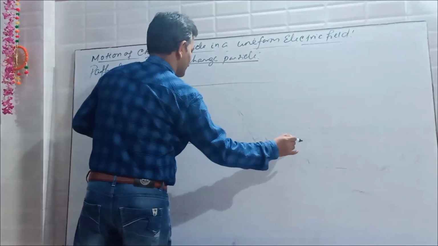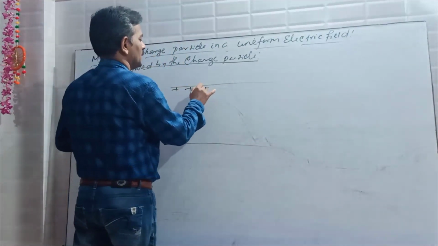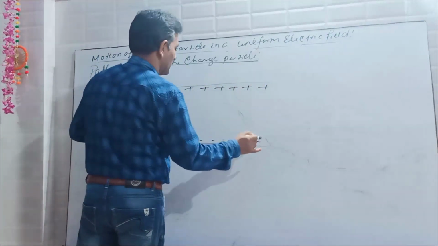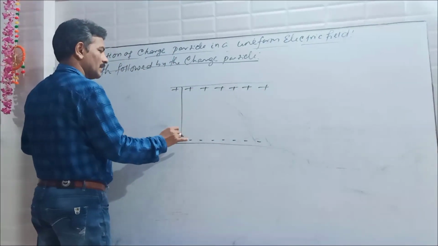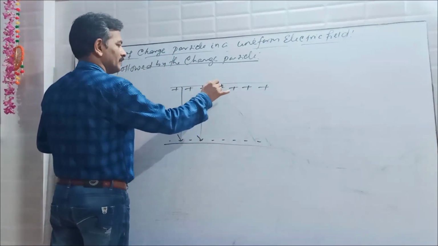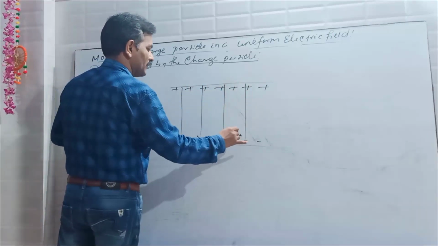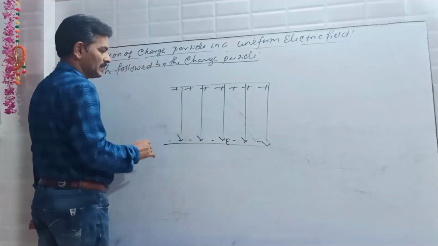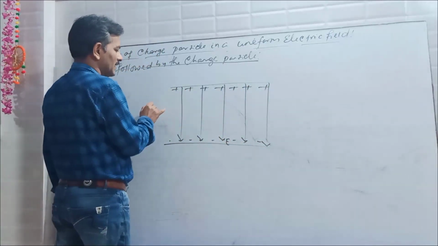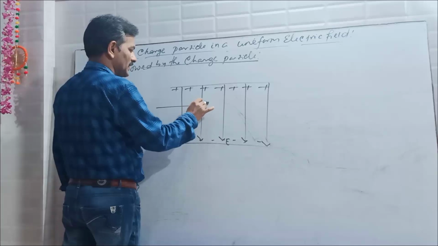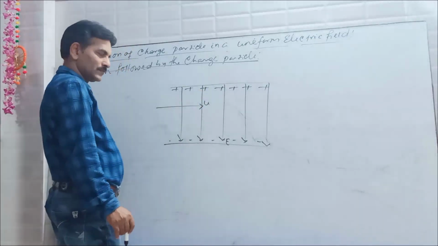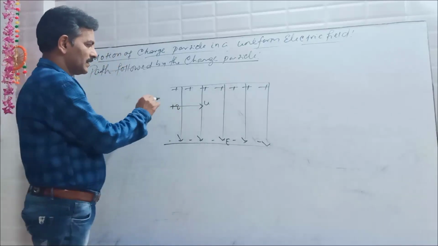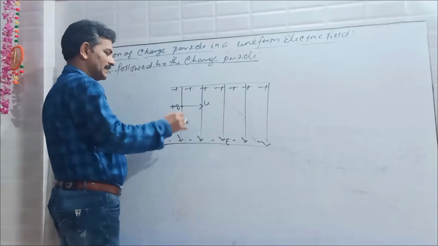Suppose this is the uniform electric field condition. This is the uniform electric field representation E. Suppose the positive charge particle is projected with an initial velocity u along the x-axis.